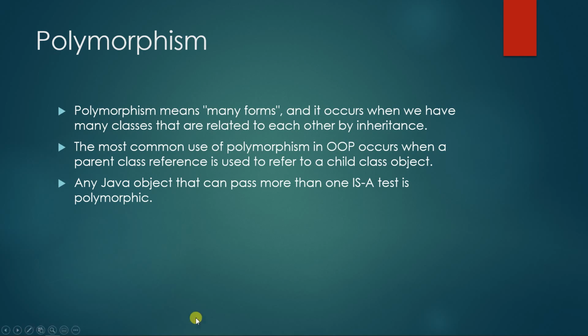This last point is very important to note. For example, in Java, all Java objects are polymorphic since any object will pass an ISA test for their own type and for the class Object.